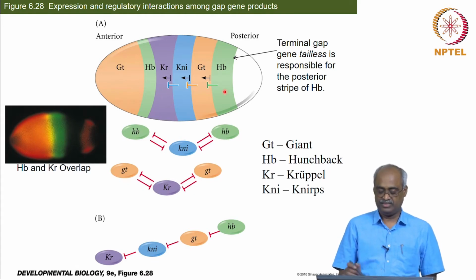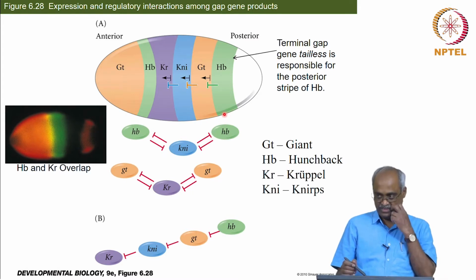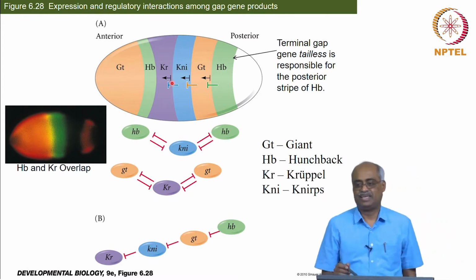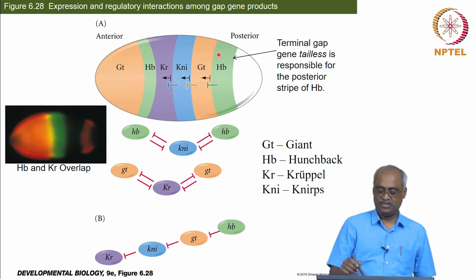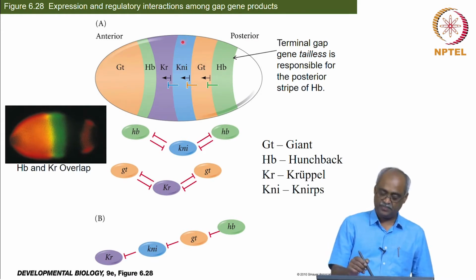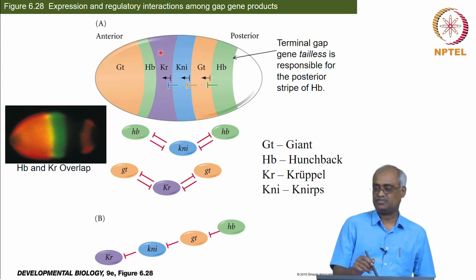And these have an interesting suppression pattern. They themselves antagonize in this manner, like non-adjacent segments. For example, hunchback in this segment, giant is the adjacent one, but knirps is the non-adjacent one. So, hunchback suppresses knirps expression. Okay. Similarly, giant suppresses Krüppel expression, which is the non-adjacent.